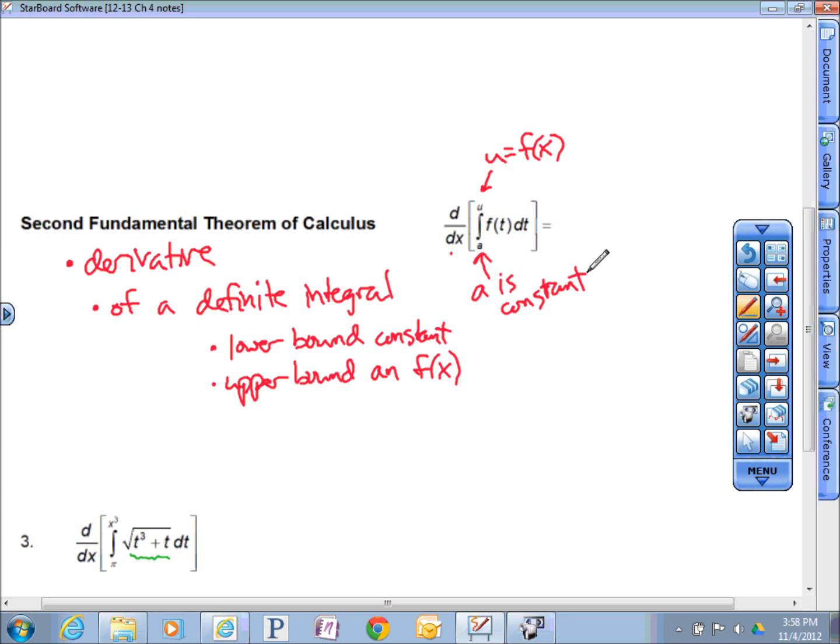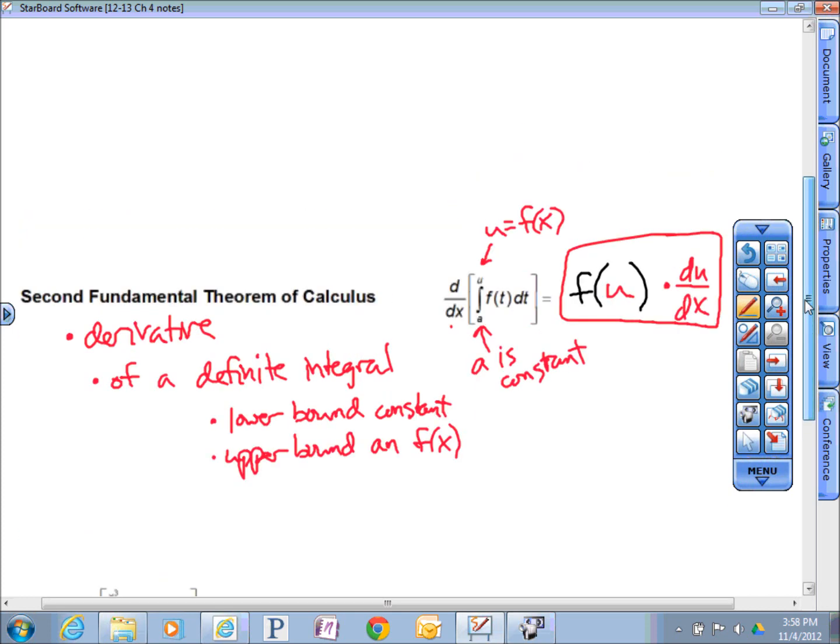All I have to do is take my f of x, and do f of my upper bound u, and multiply that by the derivative of u with respect to x. If I do that, the second fundamental theorem of calculus will give us the derivative in one shot without needing to do anything else.